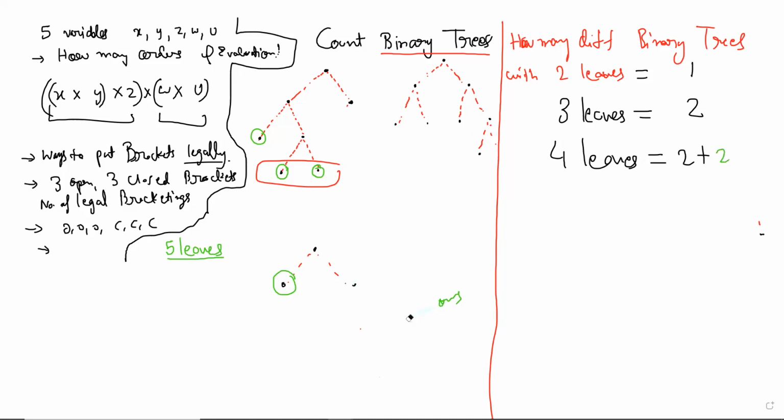What's the third case in which none of them are leaves? If none of them are leaves, then it's not very difficult.